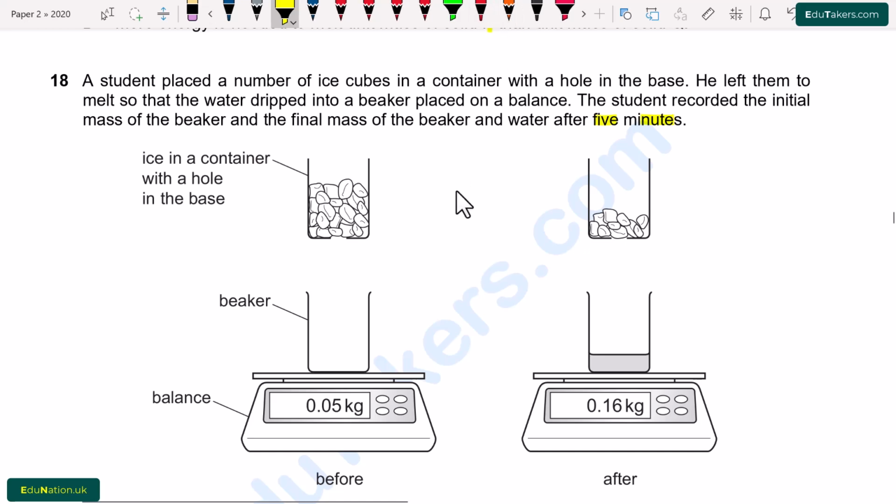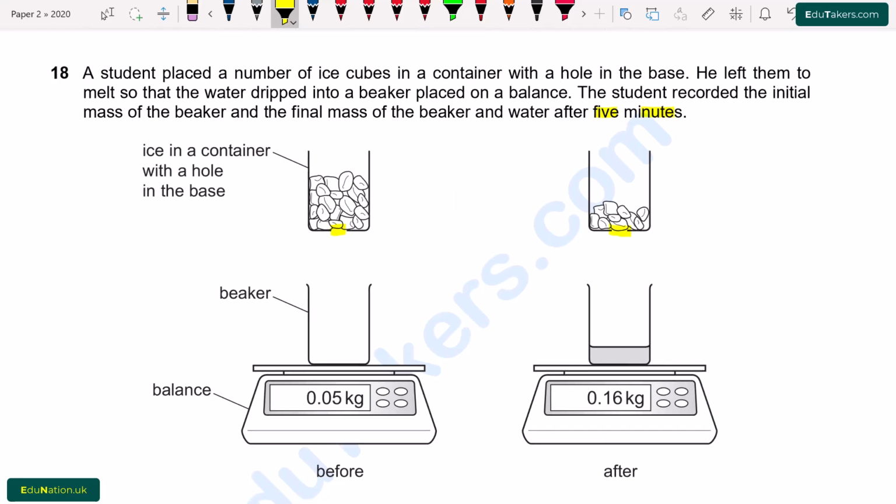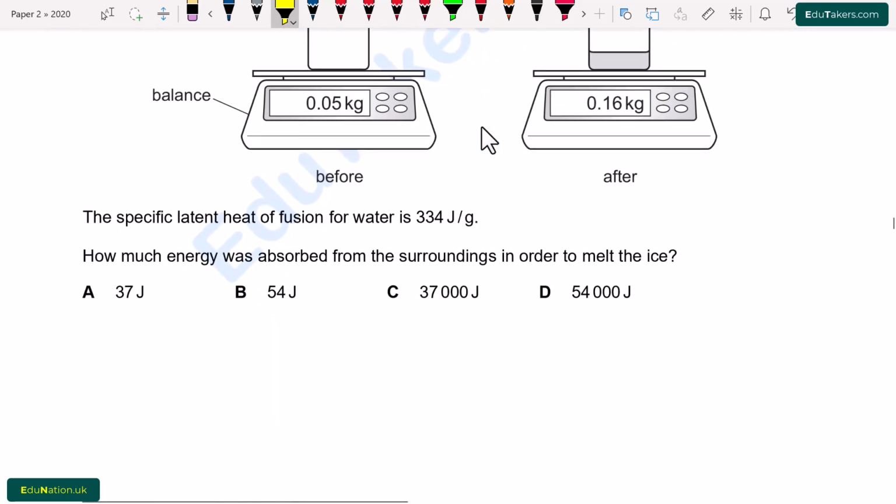So first of all, here are ice cubes and there is a hole at the bottom and the water is coming from this hole, and there are initial and final readings of the mass. The specific latent heat of fusion for water is 334 joule per gram. How much energy was absorbed from the surroundings in order to melt the ice?